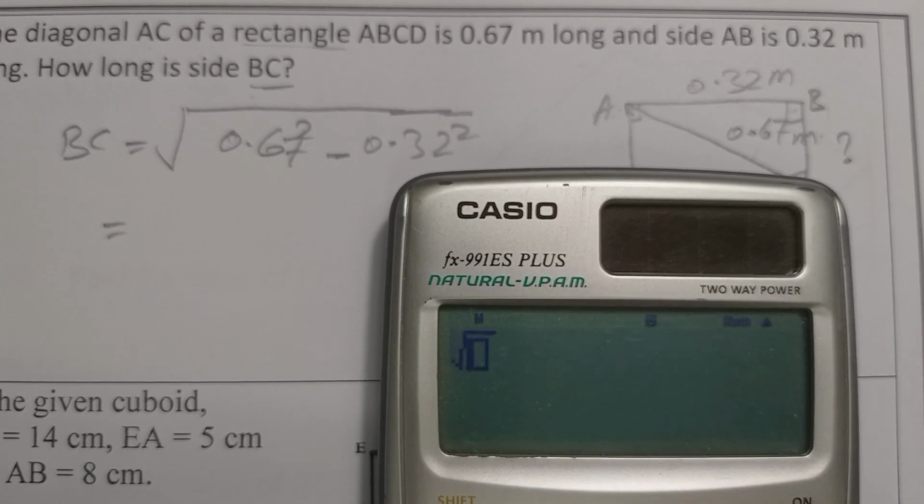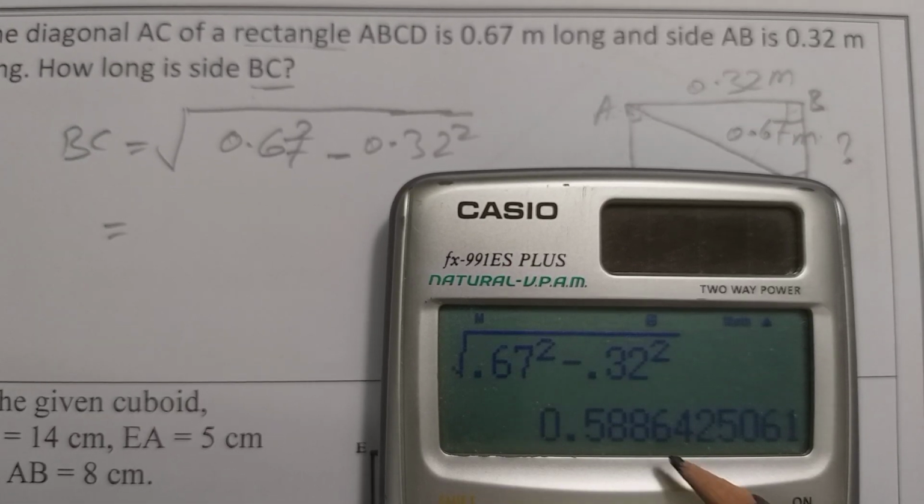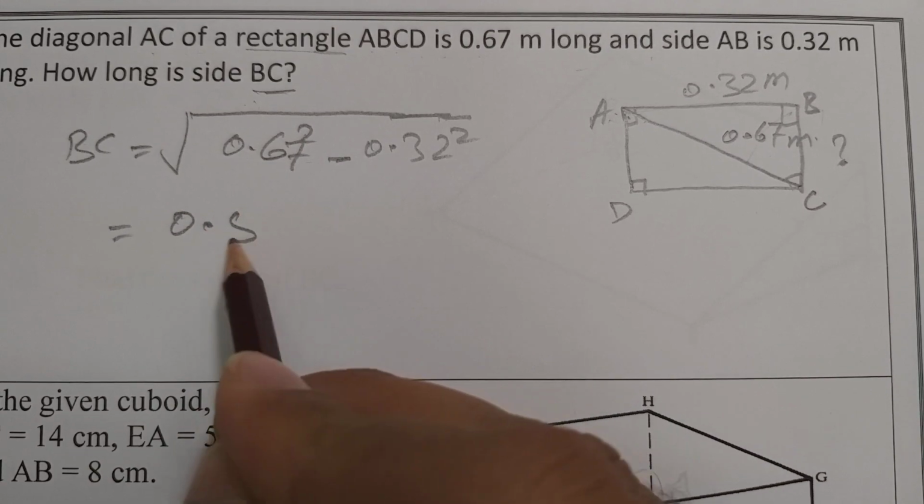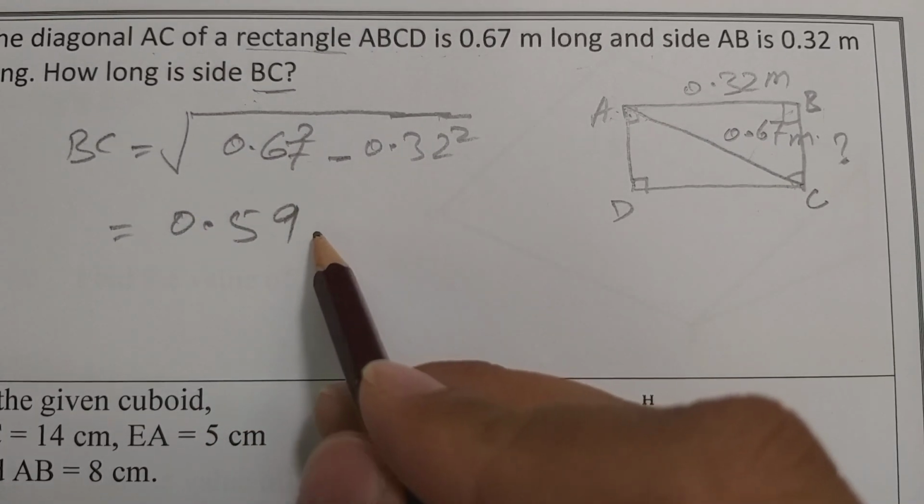Okay, so 0.67 square minus 0.32 square, which is equal 0.58, or you can say 0.59. So 0.59 meter.